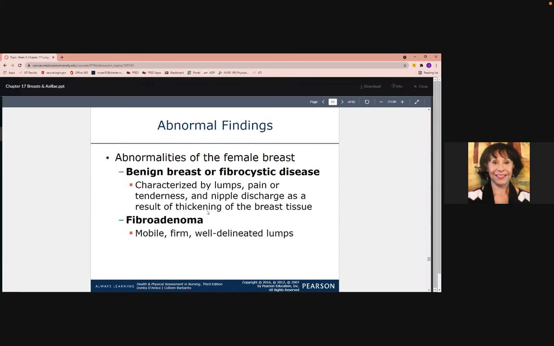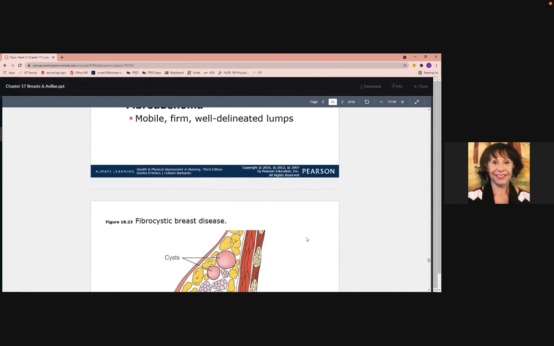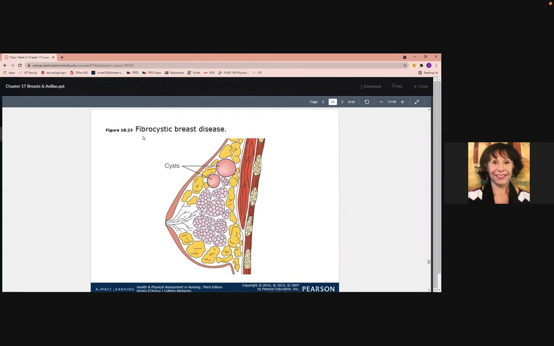Abnormal findings of the breast. Benign breast or fibrocystic disease is characterized by lumps, pain, or tenderness, and nipple discharge as a result of thickening of the breast tissue. Fibroadenoma is a mobile, firm, well-delineated lump. Know that. And this is how fibrocystic breast disease looks.